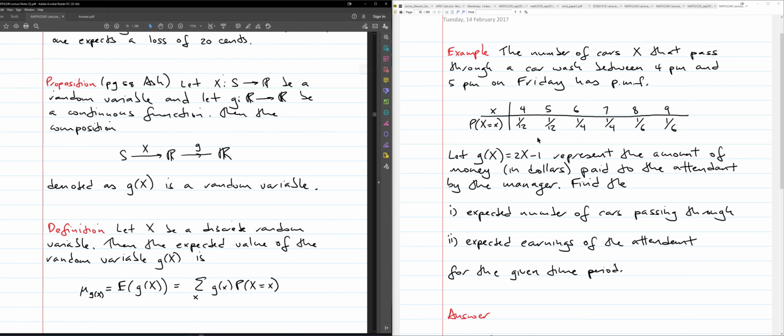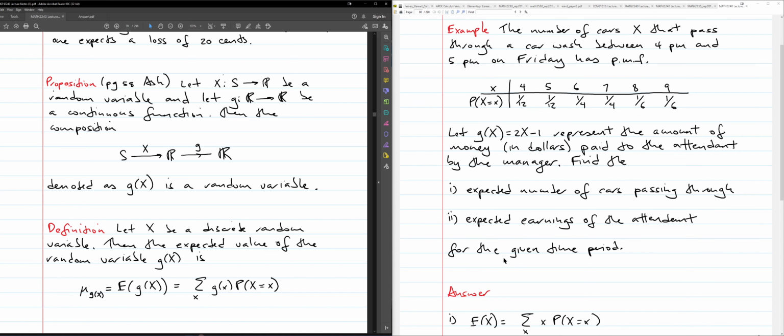Really, you're just working with your original PMF table, but the only thing you're doing is modifying it: instead of having values of x, you have values of g of x. So for example, when x is equal to 4, the earnings would be 2 times 4 minus 1, which would be 7.